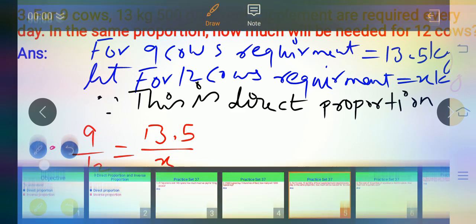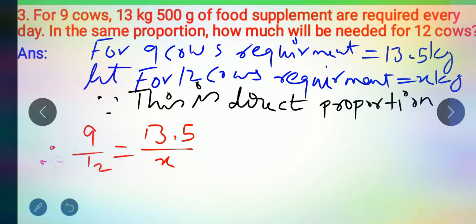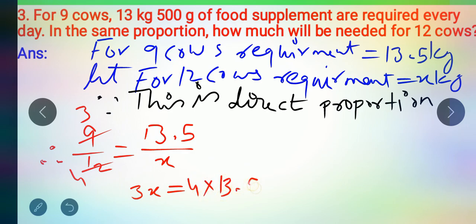Now we'll do the same thing, cross multiplication. Before I do cross multiplication, I can simplify it. 3 3s are 9, 3 4s are 12. Now I'll do cross multiplication, students. 3 into x, 3x is equal to 4 into 13.5.